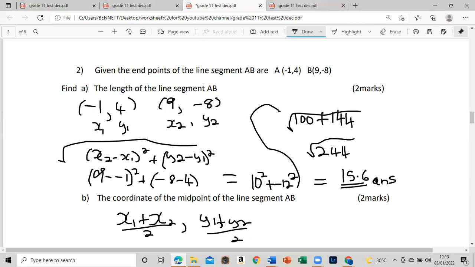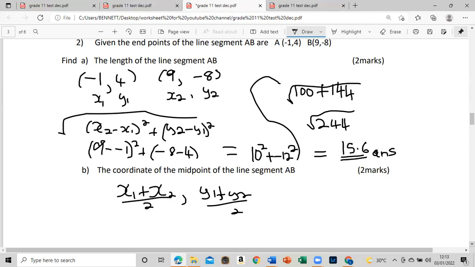So let us put things in perspective: x is negative 1 plus 9. Just add the two x coordinates and divide by 2, right? And then 4 plus negative 8.